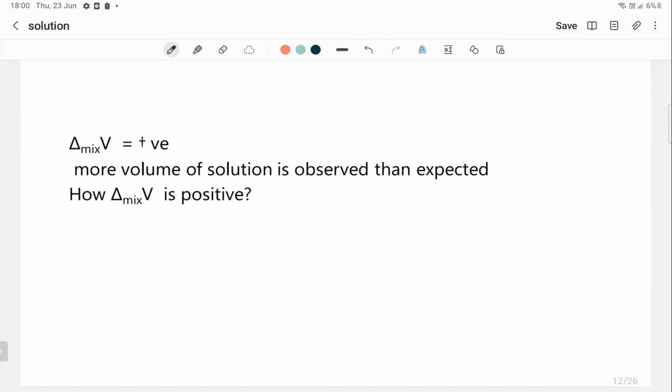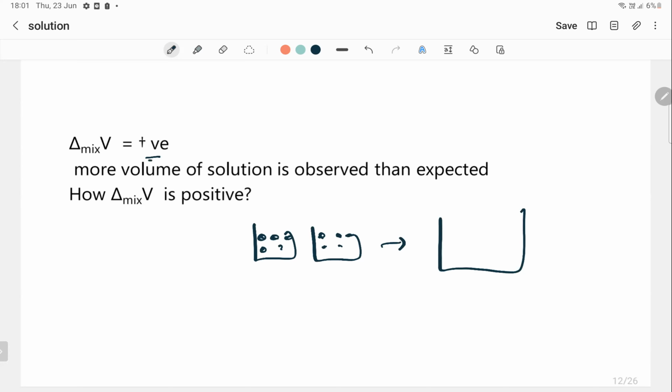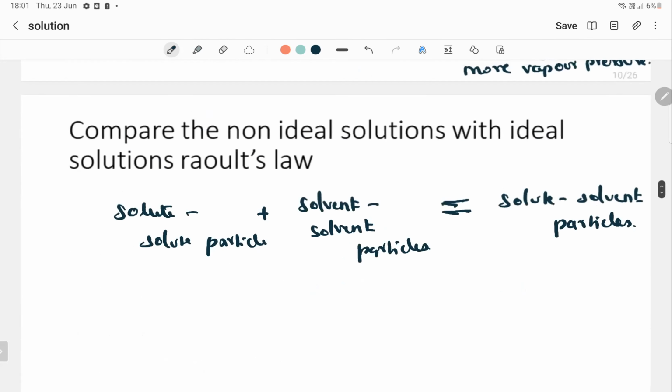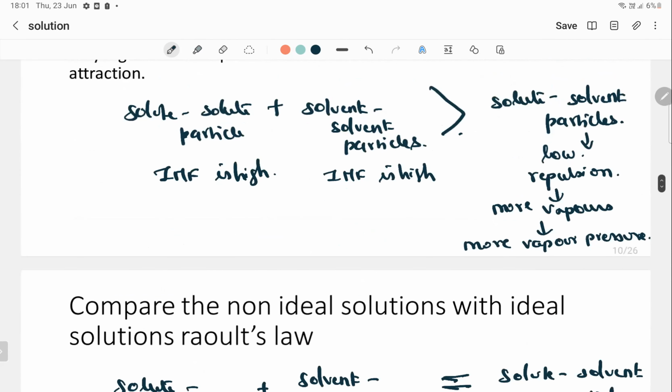Exactly. When your solute and solvent combine together, you take your solute, and this is your solvent. When they are present as a solution, as I already said, there is only low intermolecular force of attraction between your solute and solvent, which means there will be more repulsion.